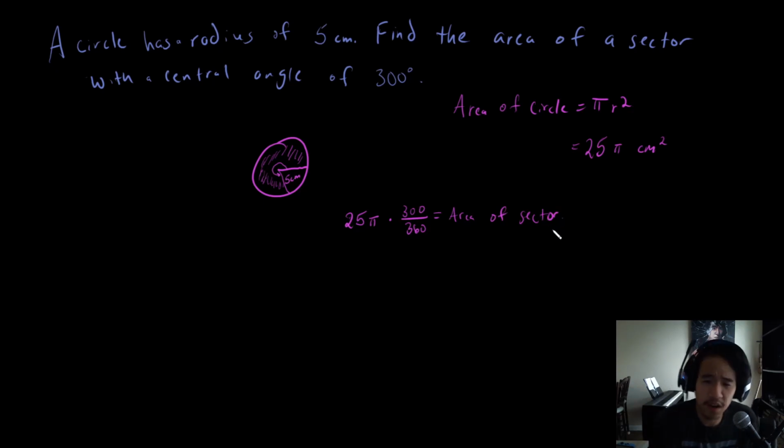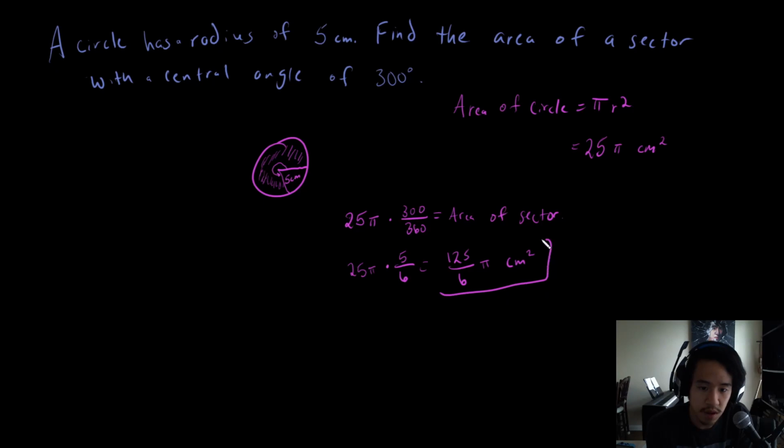So now we just have to evaluate this. 300 divided by 360 can reduce to 5 over 6. And this is 25 pi. So 25 times 5 is going to be equal to 125 over 6 pi centimeters squared.